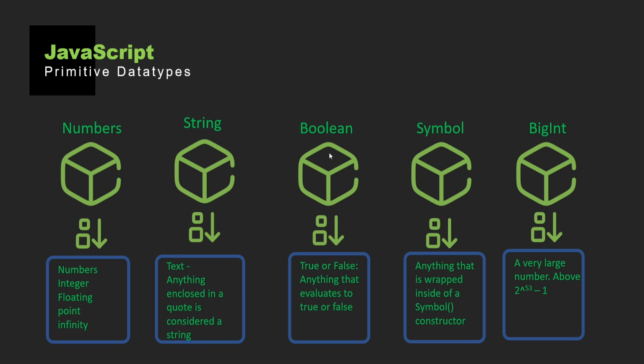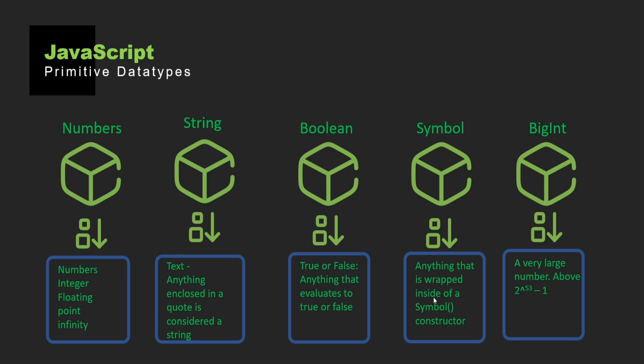And the next one is Boolean: anything that evaluates to true or false, or 0 or 1, or any kind of manipulation or computational result that gives us the result of true or false is considered a Boolean, or using literal true or false.